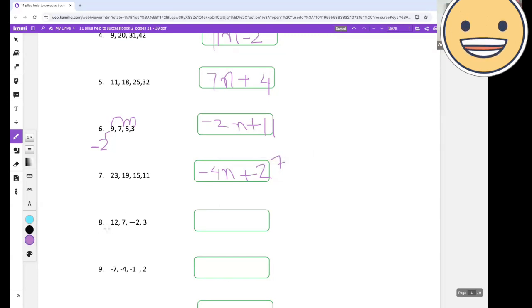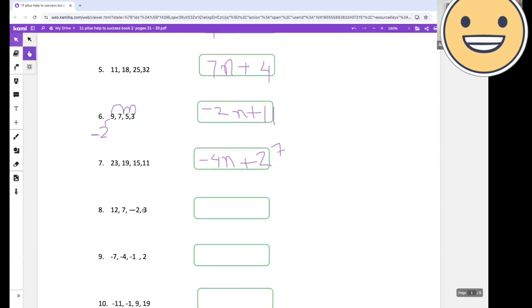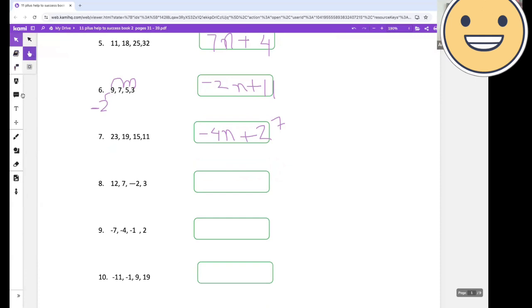So now we are on number 8. So how would you do number 8 now? Again, you have to think, it's 12, then you're going to 7, then you're going to minus 2, and then you're going 3. So what do you think it'll be?